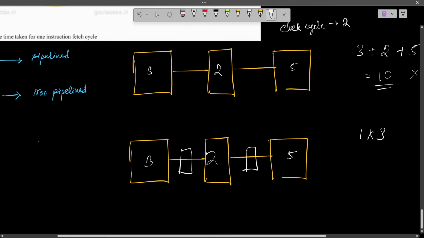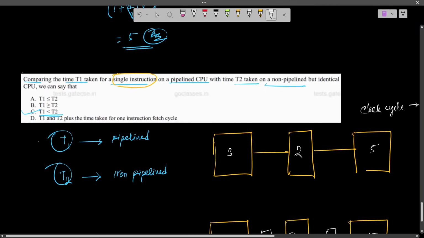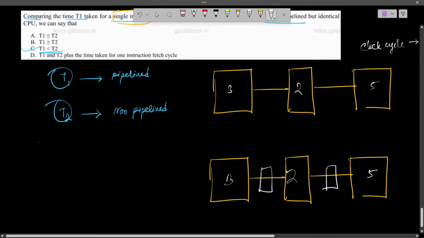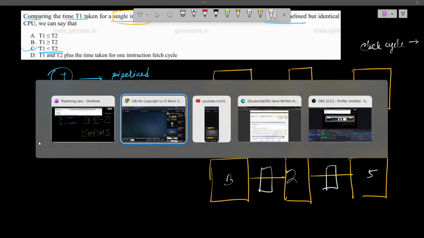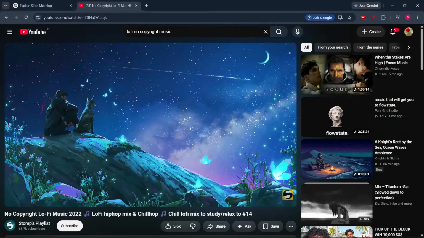So let's get a concrete answer from ChatGPT to make you guys understand why for a single instruction the pipeline would take more time. Okay, so let's just see.